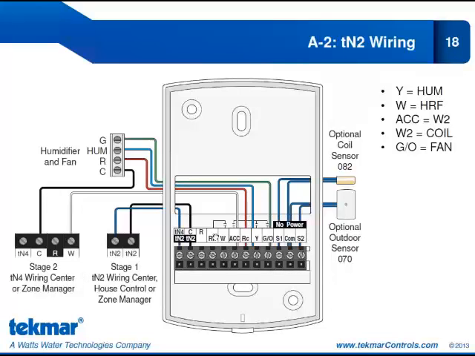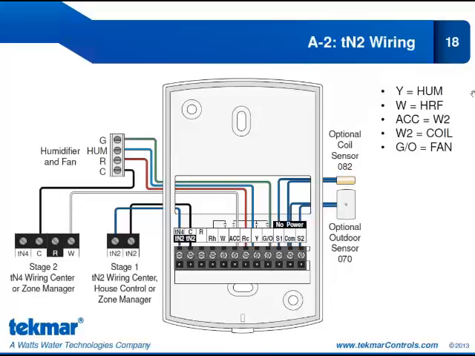But because that accessory relay is not isolated, it is tied to an R already from the air handler unit, we're not bringing it into the R on the TN4 device. Our Y is going to go to control the humidifier at the air handler, and the G for fan operation. And here we're showing you the optional coil sensor and an optional outdoor sensor.